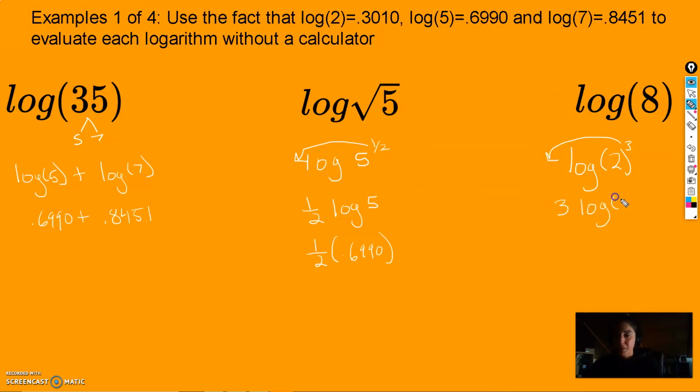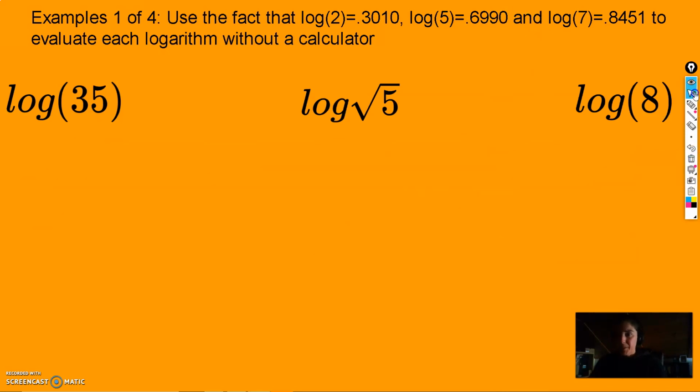So 3 log of 2. And then I know log of 2 is 0.3010. Calculate that out, and then we would be done. I like these because they're like puzzles, so you have to figure out how to split these into the 3 known numbers. So that's one way to use our log properties.